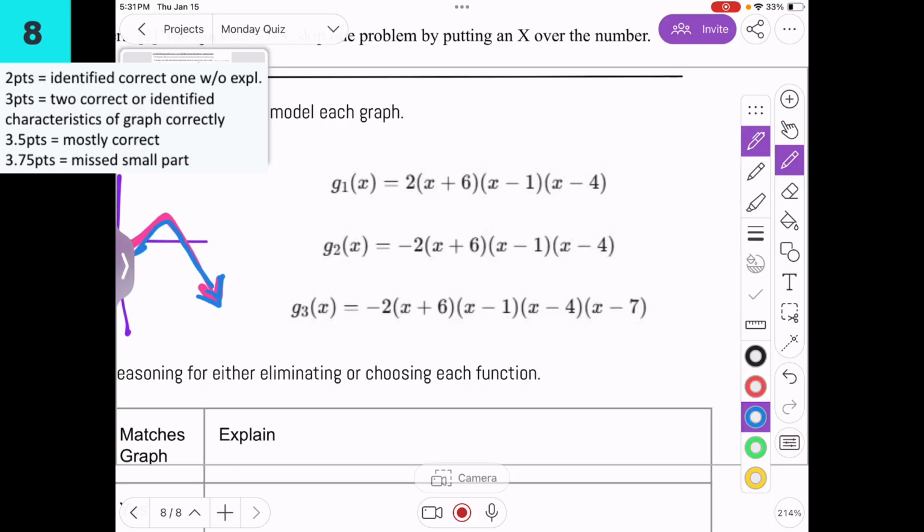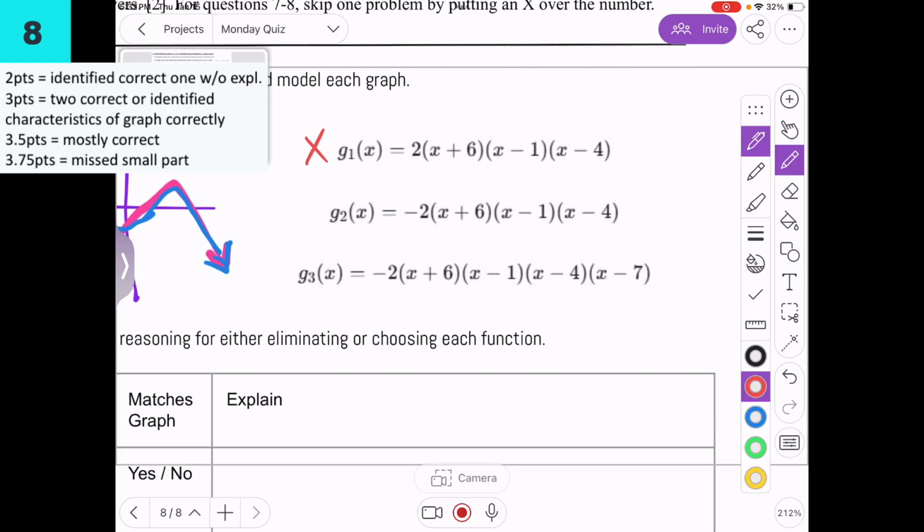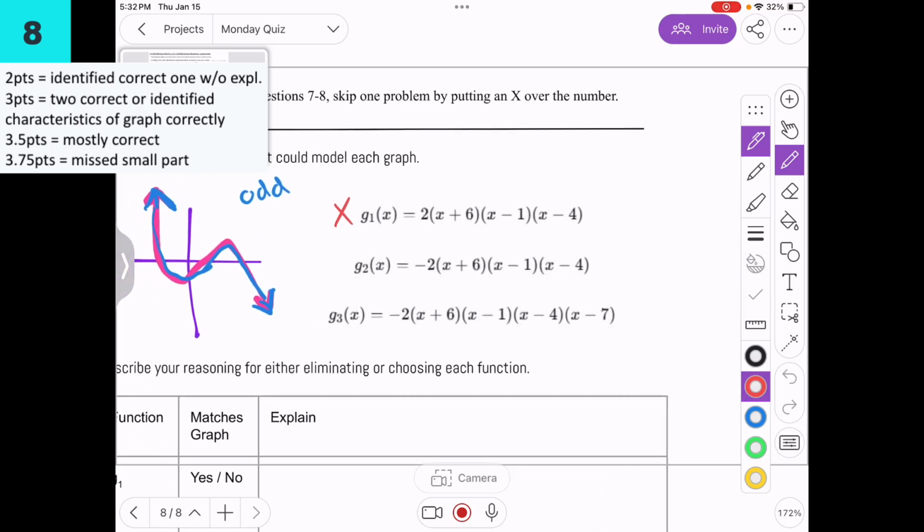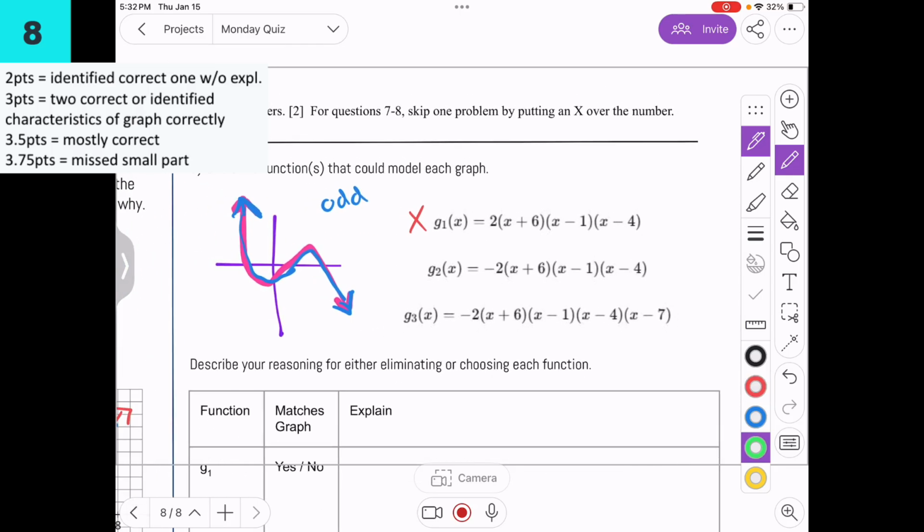So which one of these has a negative leading coefficient? These two have negative leading coefficients. Now I have to figure out which one of those two is my answer. So I automatically know that this is not my answer. The next piece of information I want to use is the fact that I have two terms.